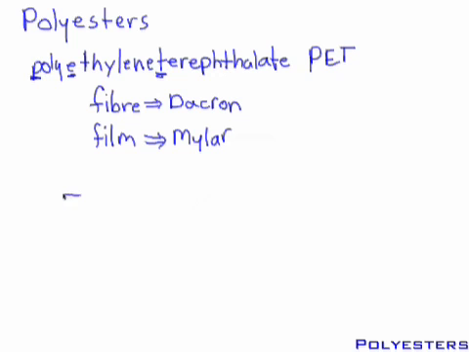Let's see that. 1,4-benzene dicarboxylic acid. The common name of this dicarboxylic acid is terephthalic acid. Hence you see where the name terephthalate comes from. So this is 1,4-benzene dicarboxylic acid.